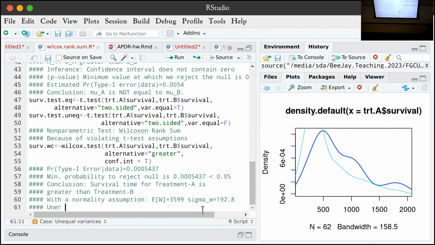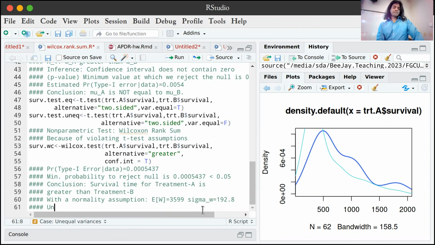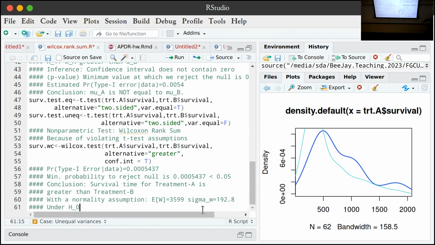So under the null, what is our null if we go back up?